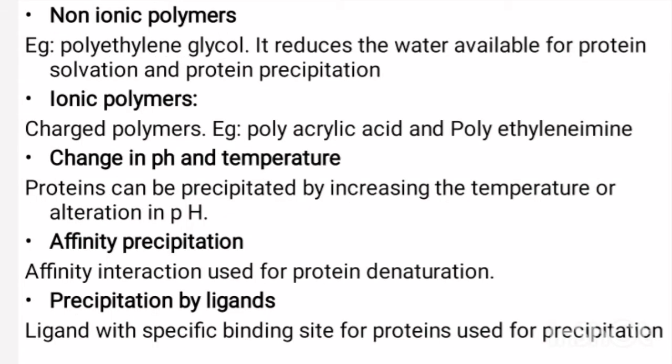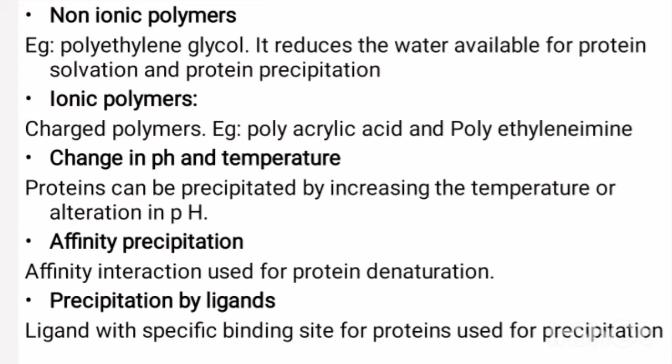Another method of precipitation is with non-ionic polymers. The best example is polyethylene glycol. Polyethylene glycol can reduce the water availability and causes the protein precipitation. It doesn't cause any toxic effect or denature the protein. Then ionic polymers can also be used for protein precipitation. Example, polyacrylic acid and polyethylene imine.